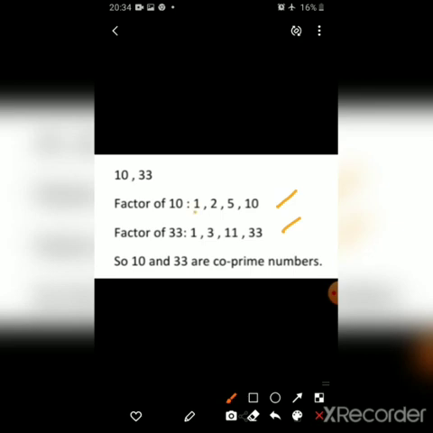How many common factors here? Only one. One is the common factor. So 10 and 33 are co-prime numbers.